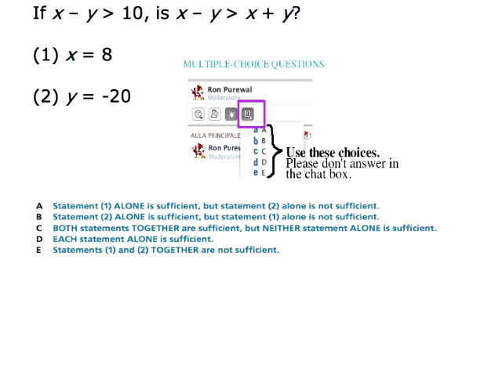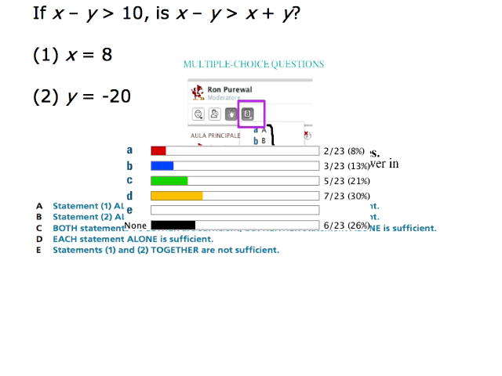So even if you are just randomly guessing, you should pick one of these choices, because if you have a staring contest with the GMAT, then the GMAT will win the staring contest, and you will lose. Okay, we have a very interesting pattern of choices so far. Someone just picked A, which is probably a guess, but before that it was all B's and C's and D's. These seem to be the favorites.